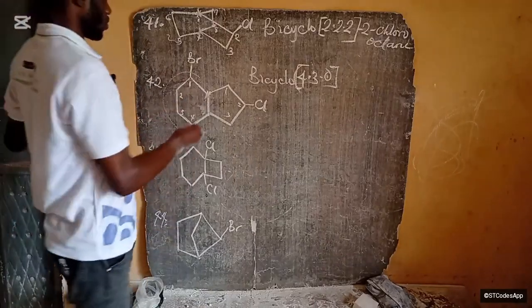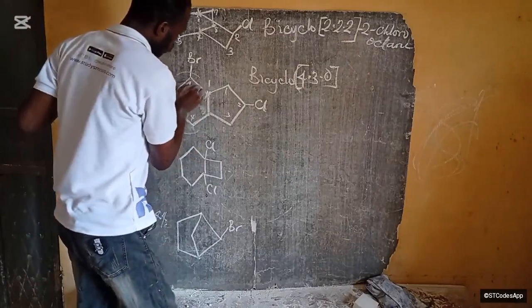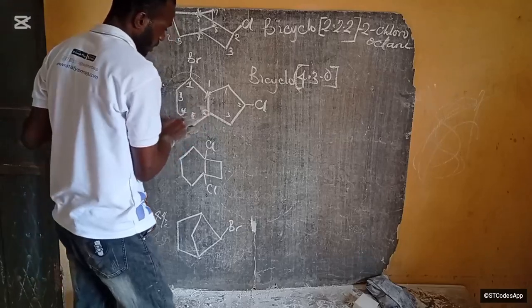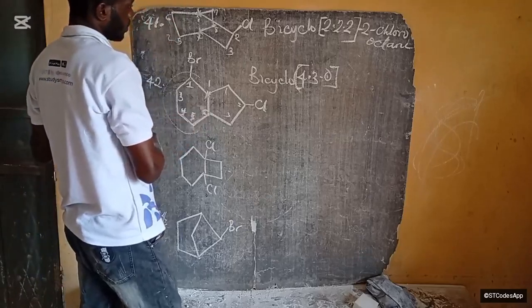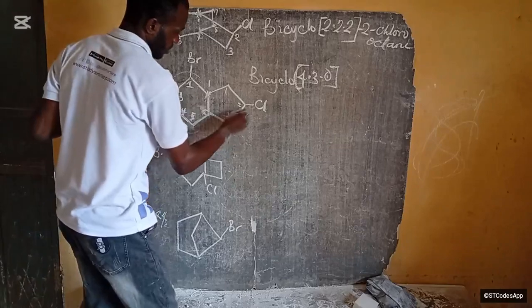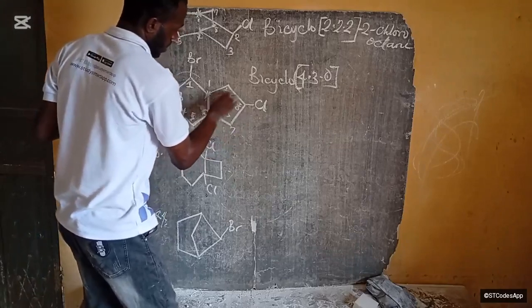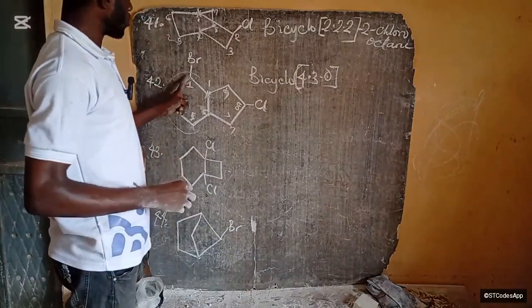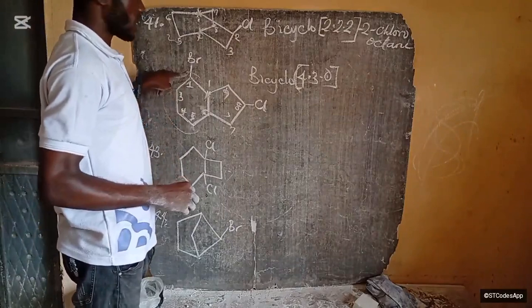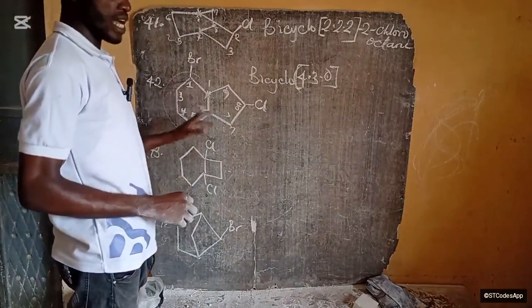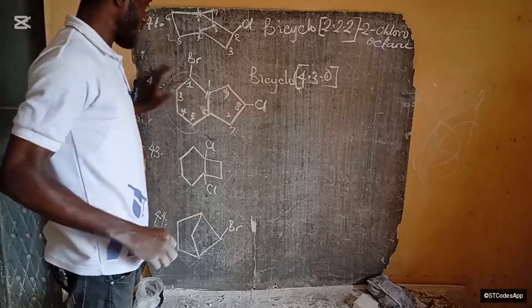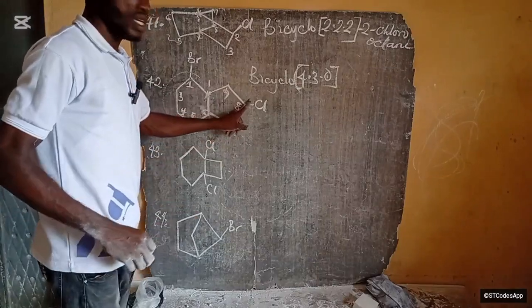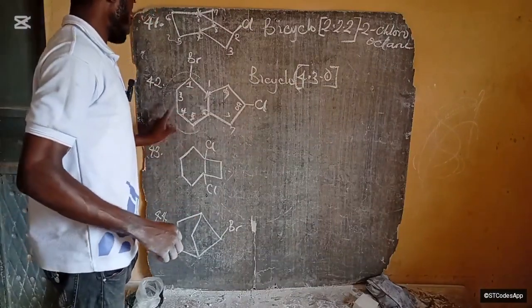How do we count? We have 1, 2, 3, 4, 5, 6, 7, 8, 9. Okay? So this one is going to get carbon 2. If you number any other way, these will get different numbers. Because if we go like this, this is 1, 2, 3, and bromine will get 3, 4, 5, 6, 7, 8, 9.